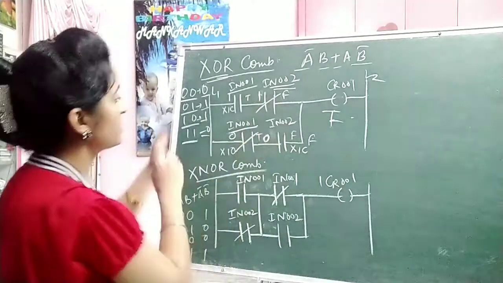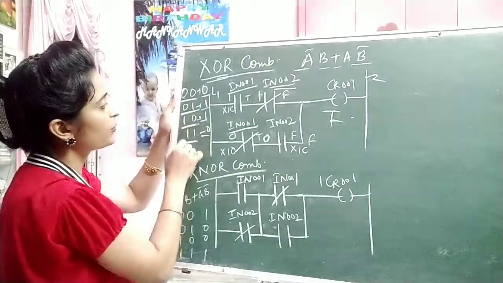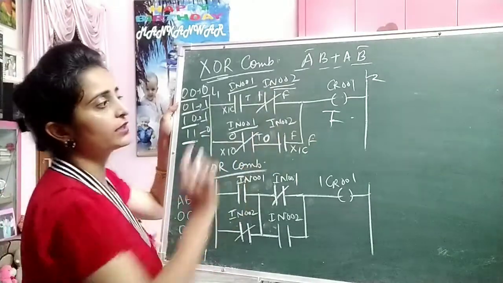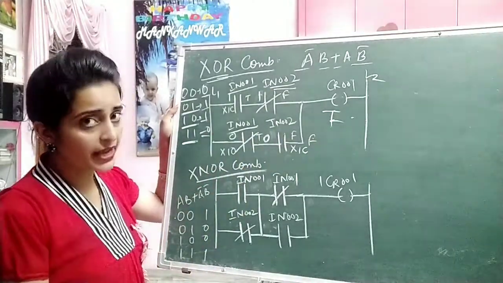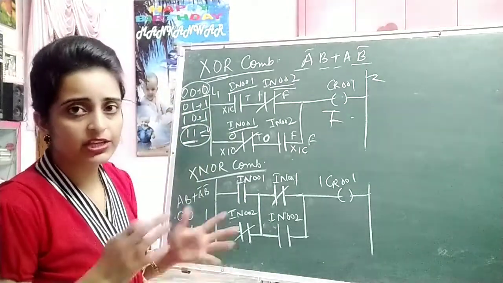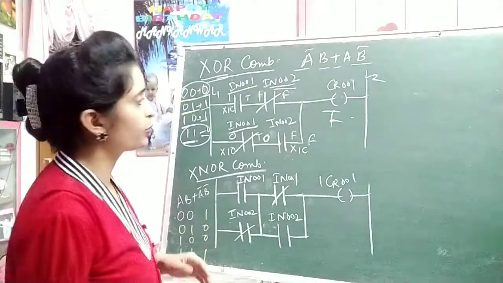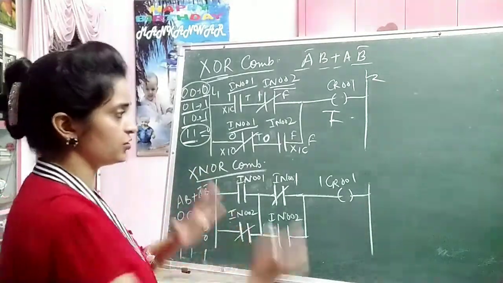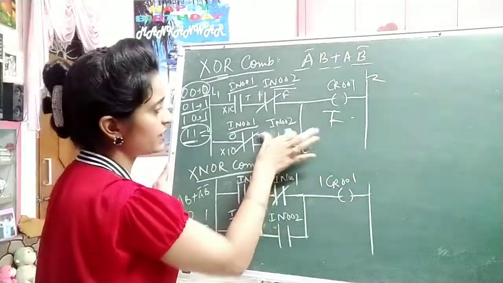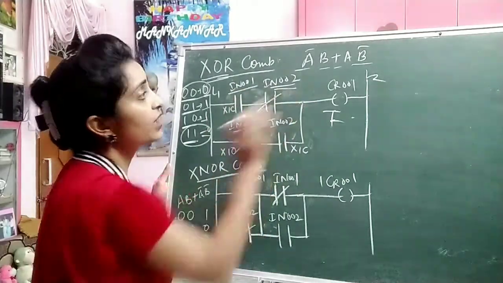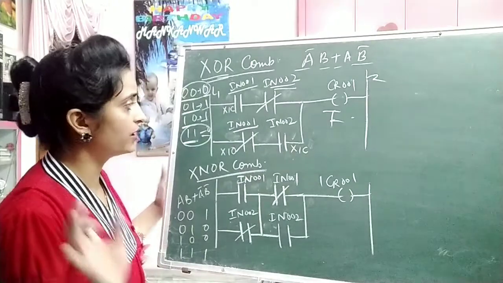So the output will become false. That means whenever we provide 0 1 or 1 0, the output is true, it is energized. And in case of similar inputs, the output will not be energized, it will be false, de-energized. Let me tell you once again, so that it will be more clear to you all, if any doubt has remained in your mind.